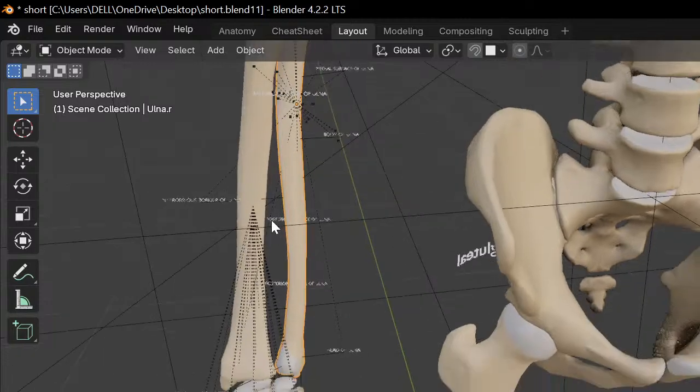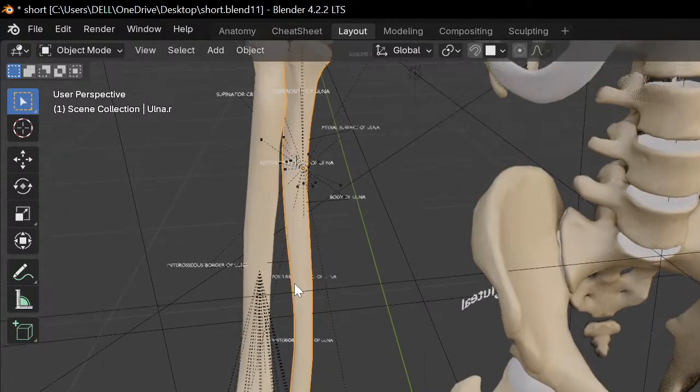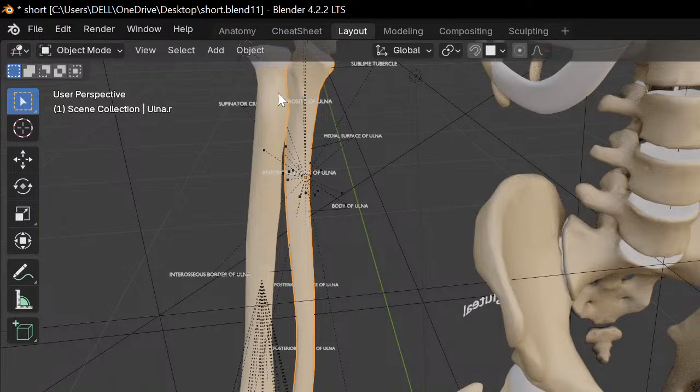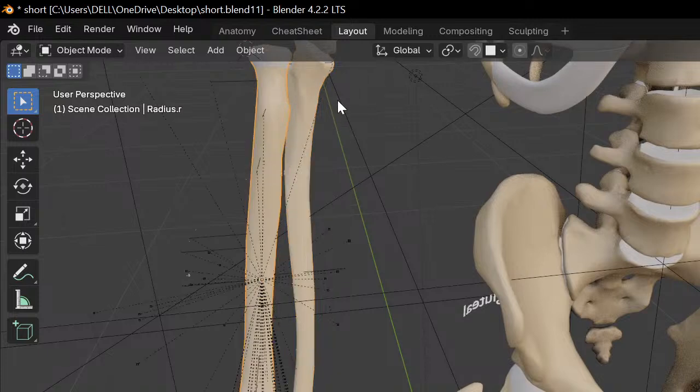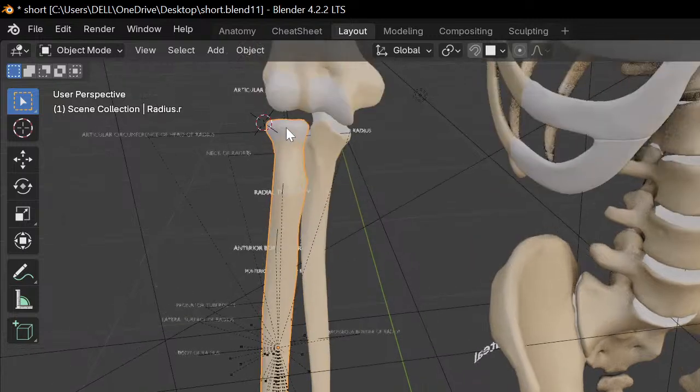The head of the radius, unlike the ulna, is at the proximal end. So there is the head of the radius at this point, which articulates with the capitulum of the humerus. As we move from the head, it narrows. This narrow portion is known as the neck of the radius.